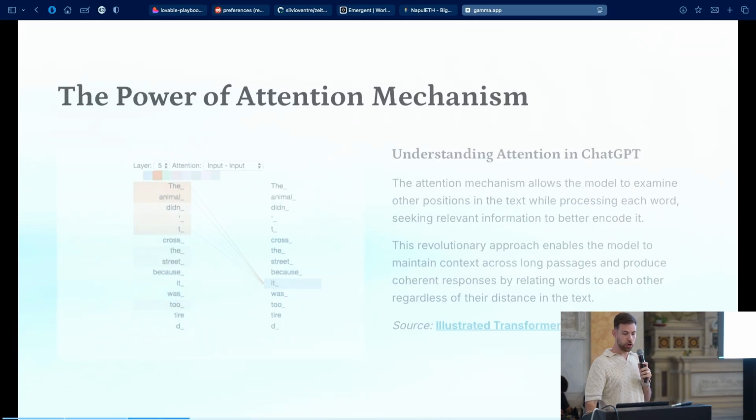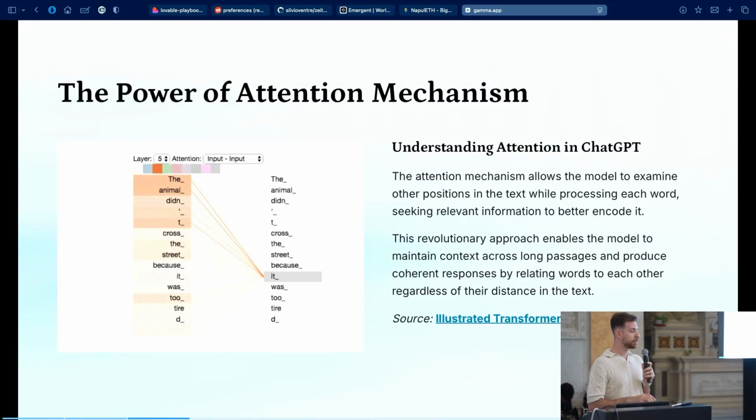The other really important concept about LLMs is the attention mechanism. Behind the architecture, there are a lot of neural networks that have the ability to focus attention on the most important words in a sentence.